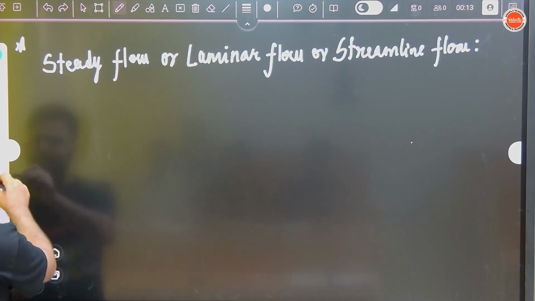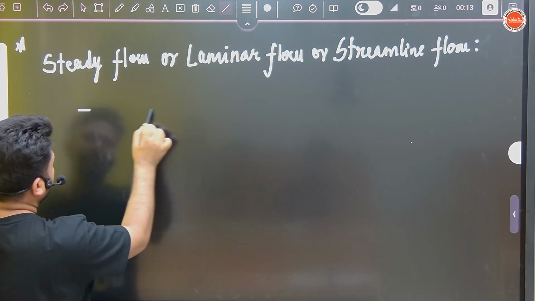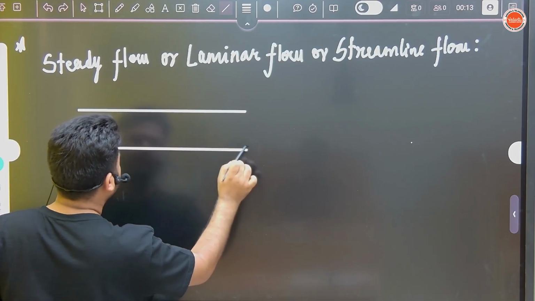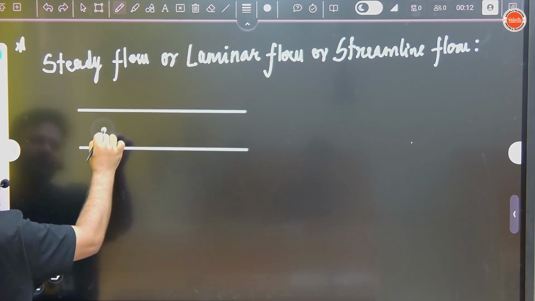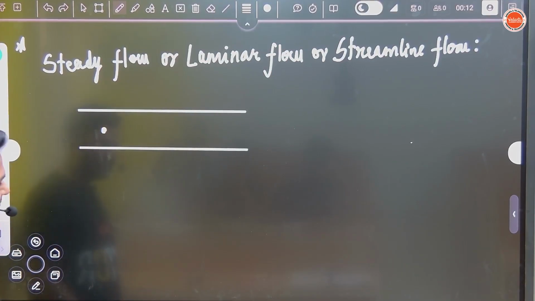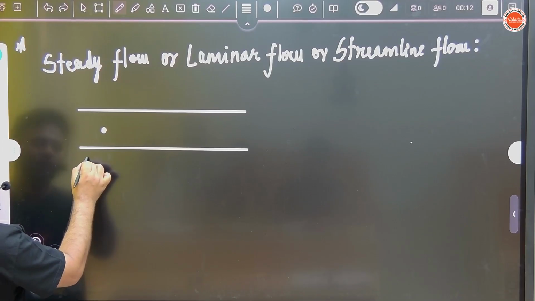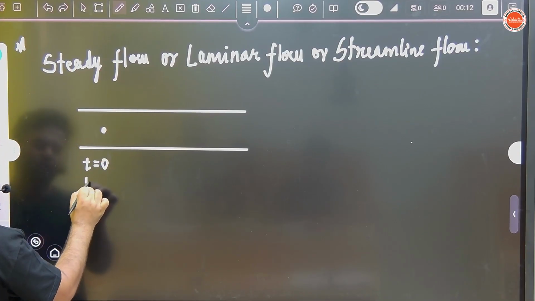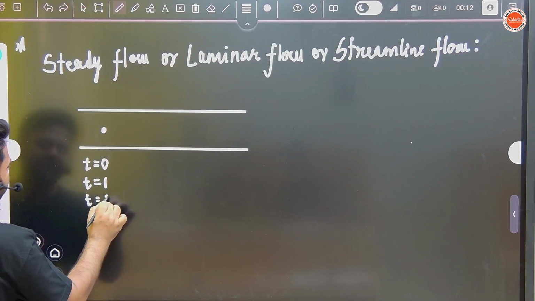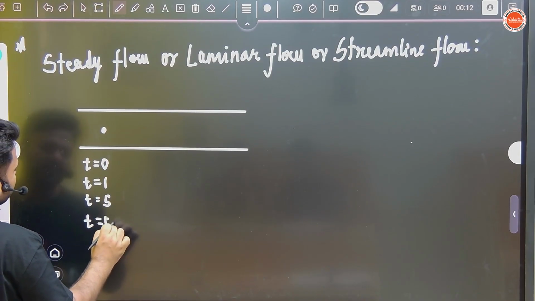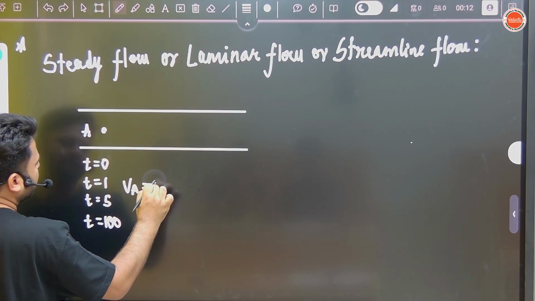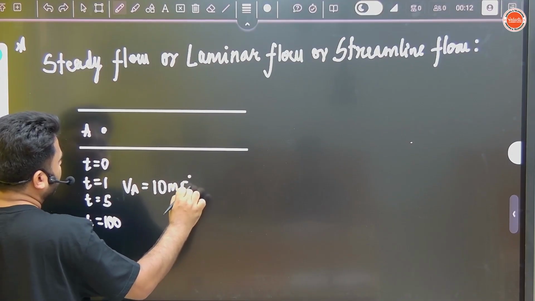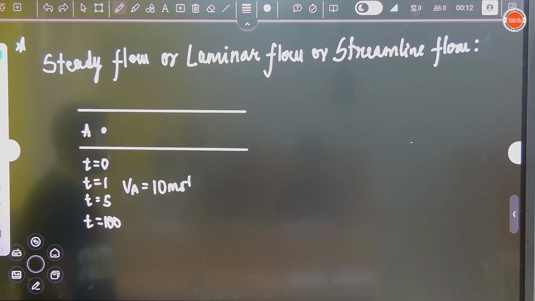What is the correct definition? I don't want to go into that much depth, but the correct definition is that at any point, suppose the liquid is flowing like this, the velocity remains constant. This kind of flow is called steady flow, laminar flow or streamline flow. At any point, at t equals 0, t equals 1, t equals 5 seconds, t equals 100 seconds, the velocity of point A is constant, suppose 10 meter per second. It is not changing. That is called steady flow.